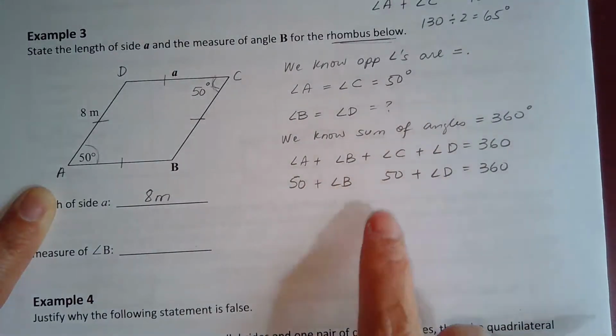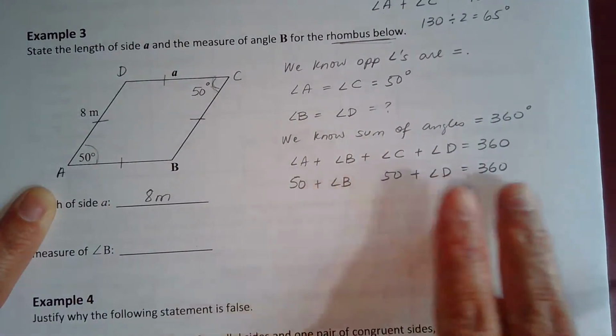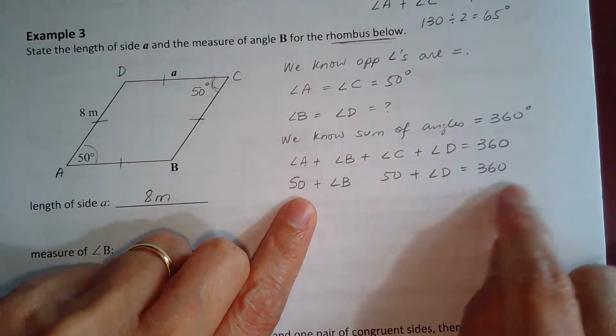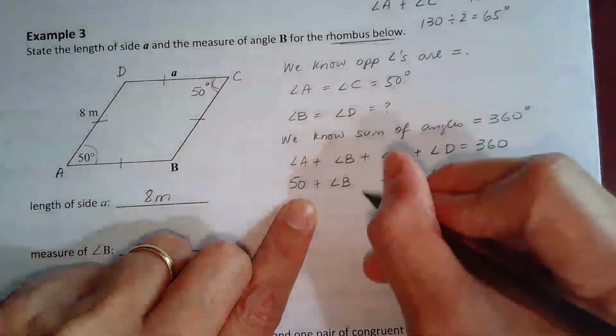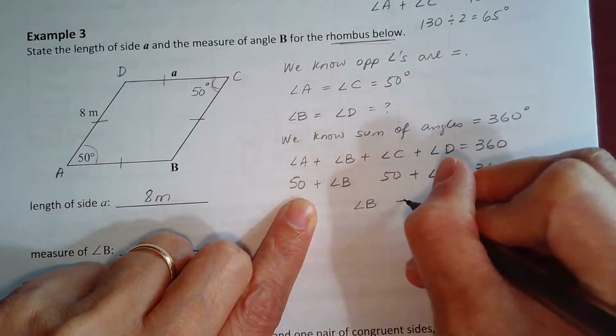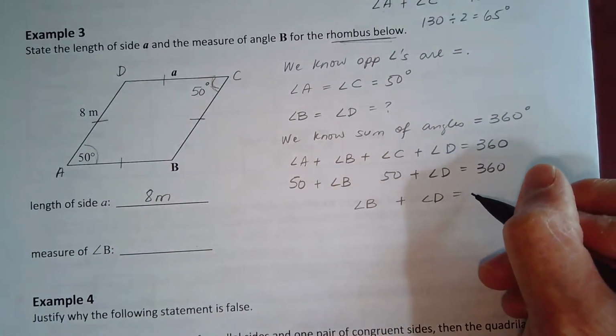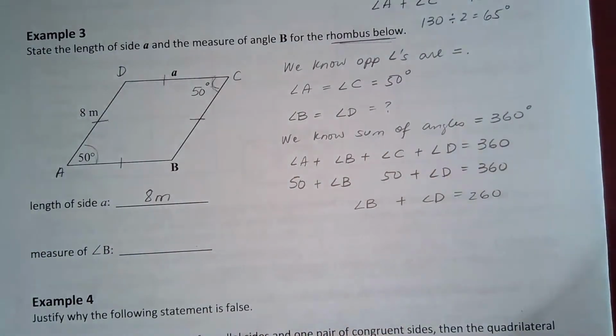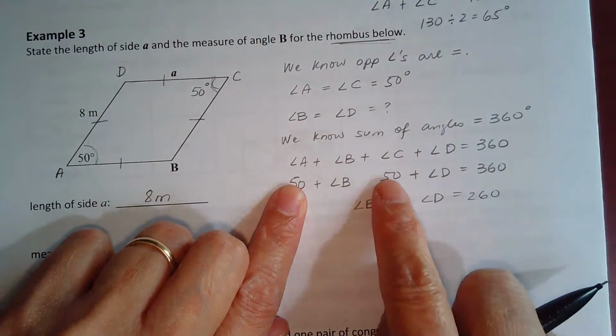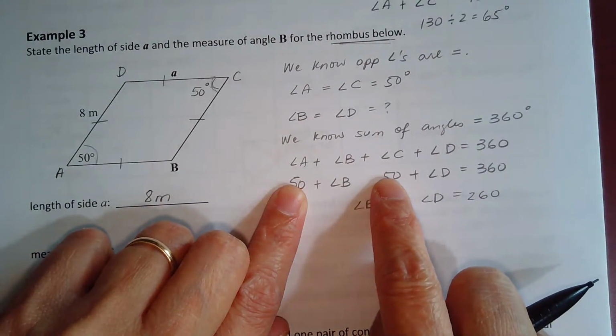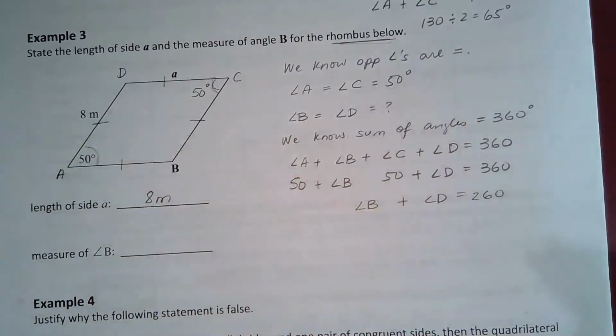So what we could do is subtract 50 on both, 100 basically, on both sides of the equation. So we're left with angle B and angle D. So we're left with 260. We subtract the 50 on each side of the equation to keep it balanced.